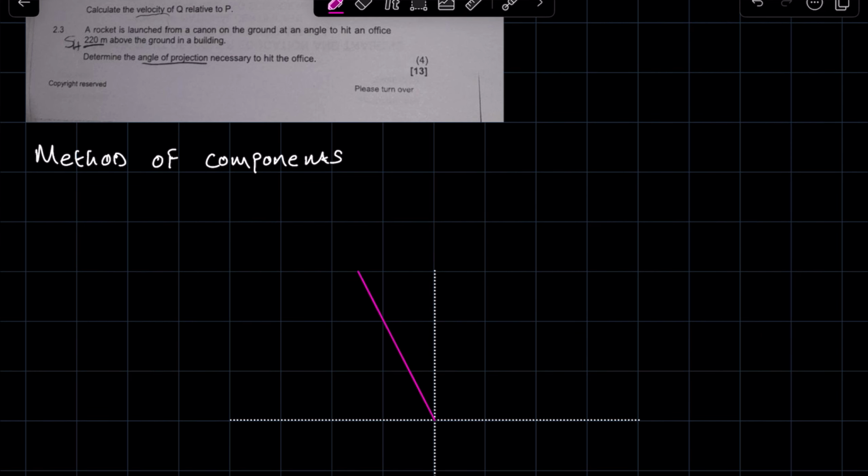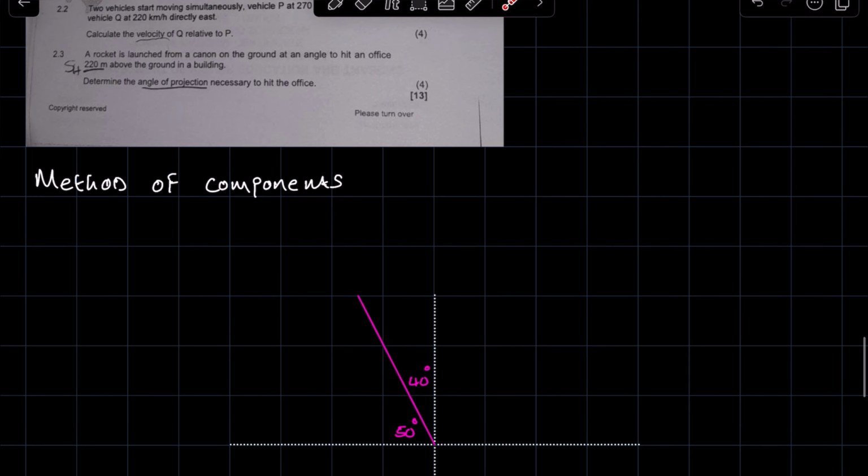So seeing that the angle you've been given is referenced from the y-axis, we then get the one that is referenced from the x-axis. If this angle is 40, we know this entire angle is 90 degrees, so this angle will be 90 minus 40, which is 50.